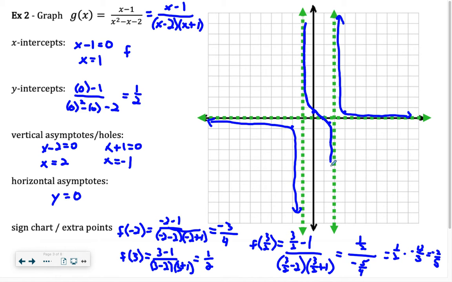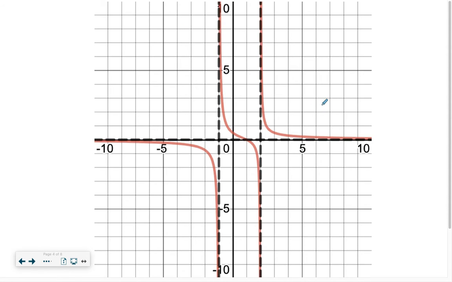Now, in this middle piece here, we do have to plug in values because it's not always going to look like this. Sometimes it may come down and then come back up, or it may be contained down here. So we do have to plug in a few extra values if we ever have a middle piece like this to see what happens. Okay, so here is a little bit more cleaned up version of that. But again, we were pretty close with our sketch.